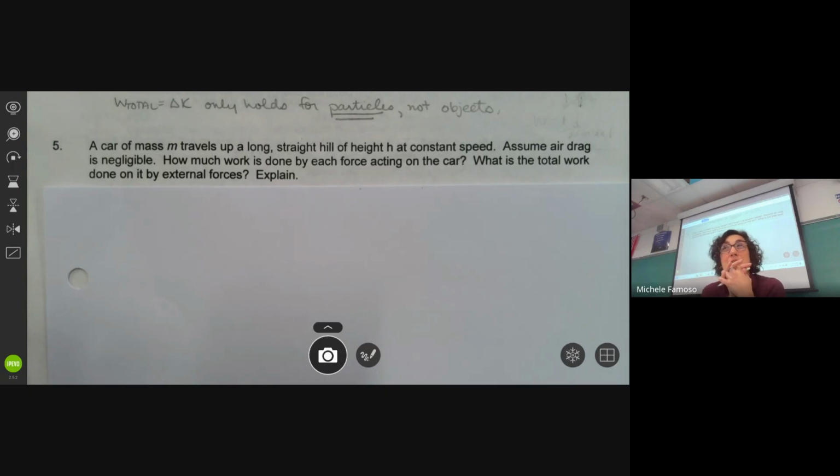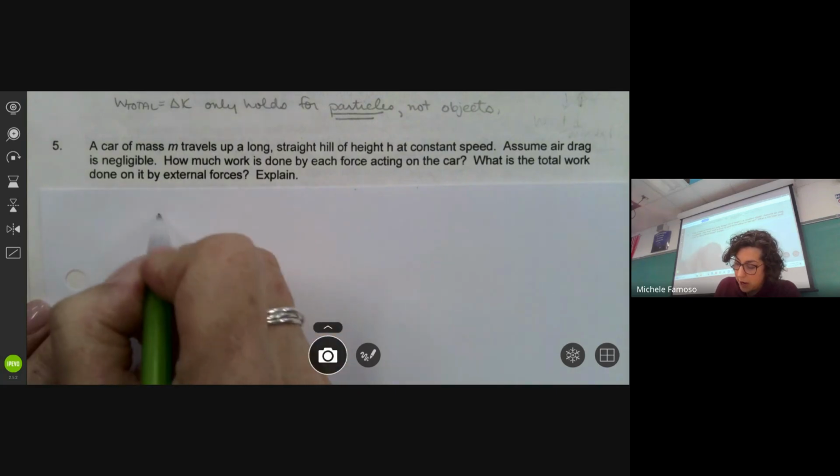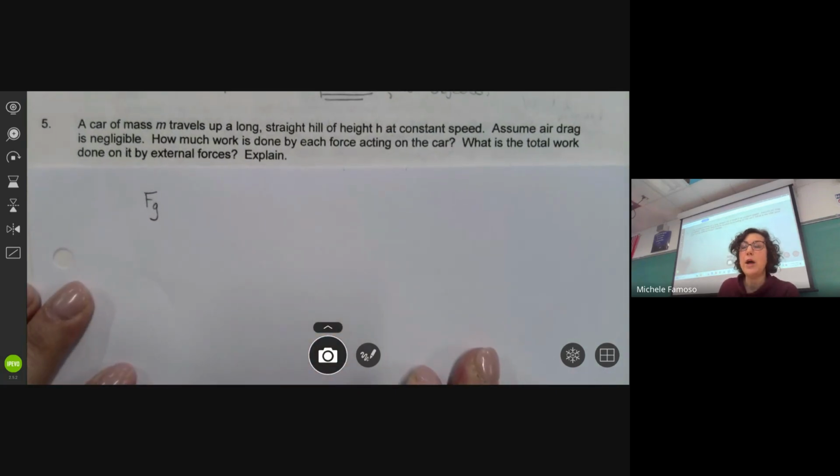See if you can name at least one force acting on the car. Jerry? Okay, I got that one. I'll write that one down. So we have gravity acting on the car. What else is acting on the car, Nick?